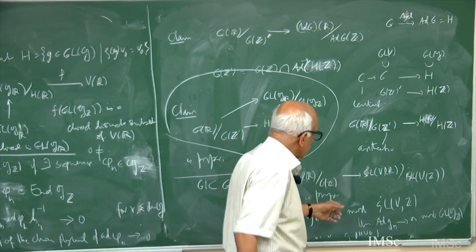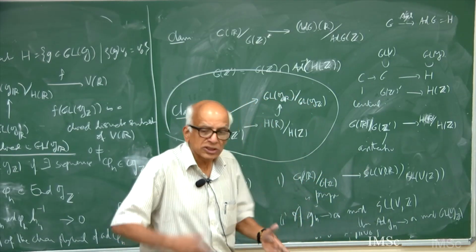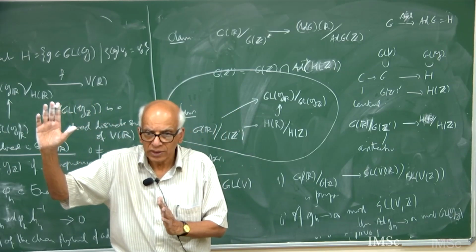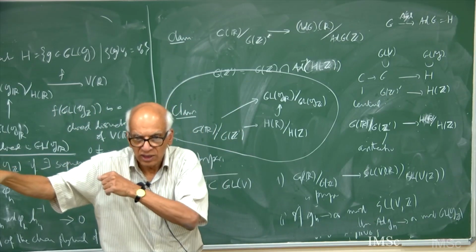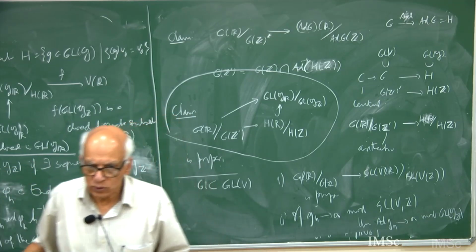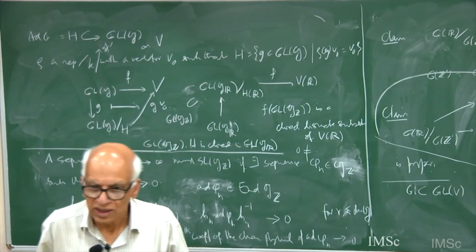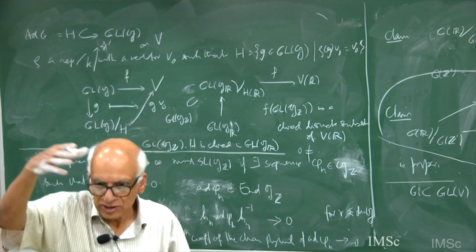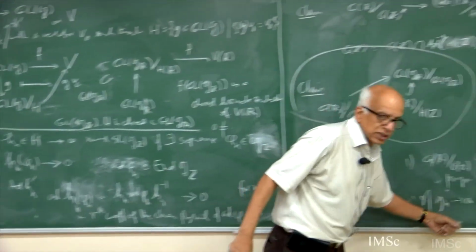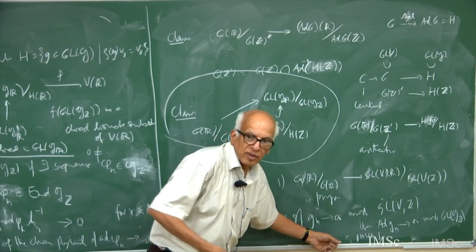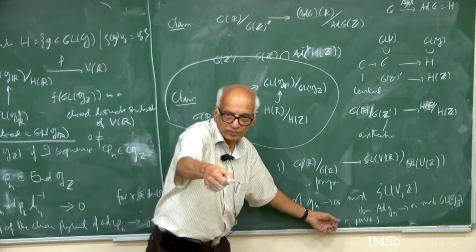So the action on GZ is trivial. And therefore you can't get a sequence phi n tending to 0 such that Tn phi n goes to 0. You cannot find such a sequence.